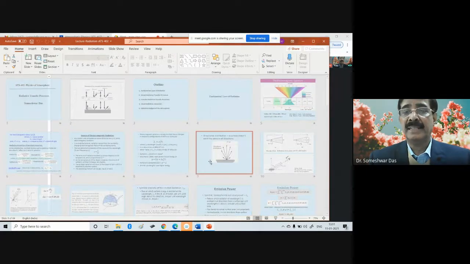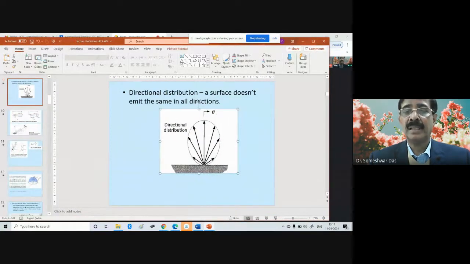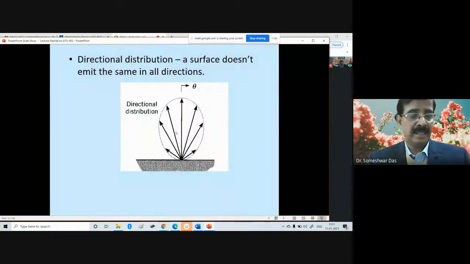And in that sequence, we discussed that when a radiation is emitted from a surface, it is emitted in all directions. But the intensity or amount of radiation emitted in all directions may not be the same.